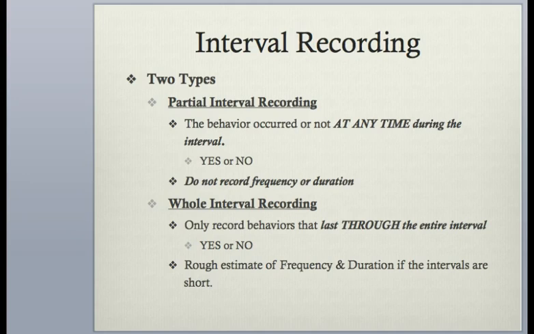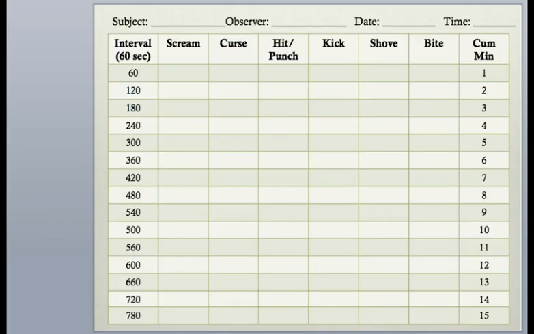you simply record that they did, right? With whole interval, we only record behaviors that last through entire intervals. So behaviors like, let me come up here. So for example, this is a 60-second interval that you'd have to know that screaming occurs for 60 seconds without stopping before you'd even put it on your list here.